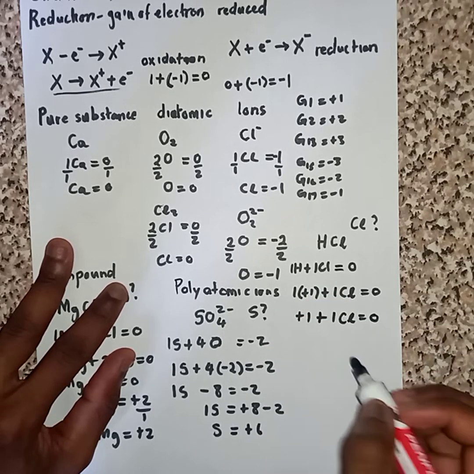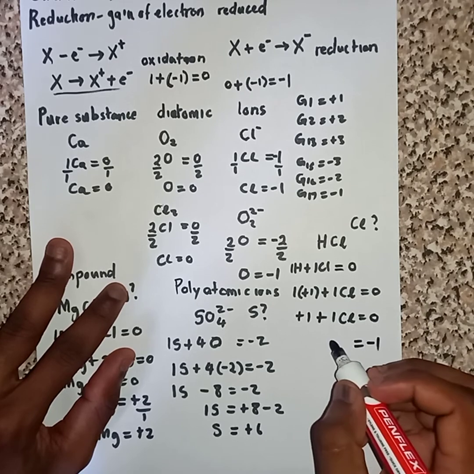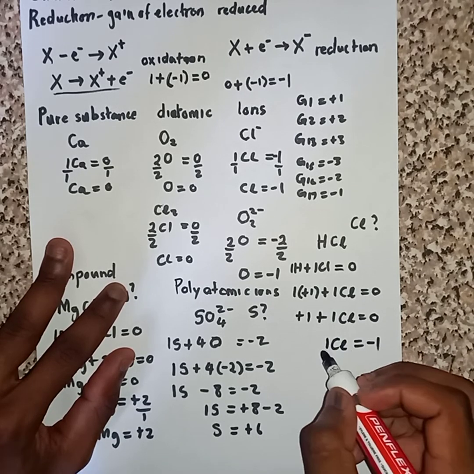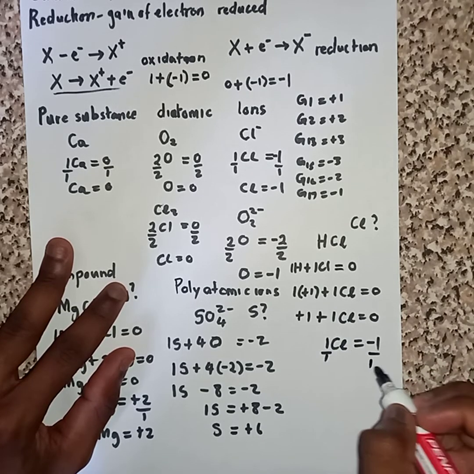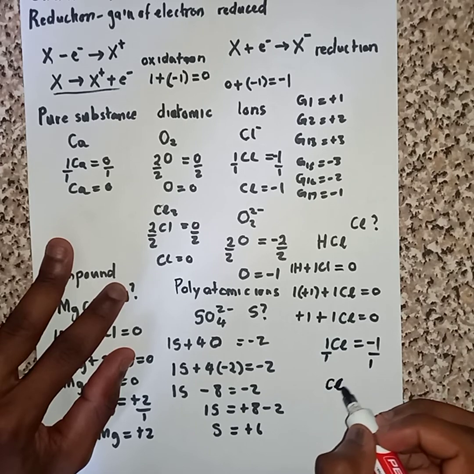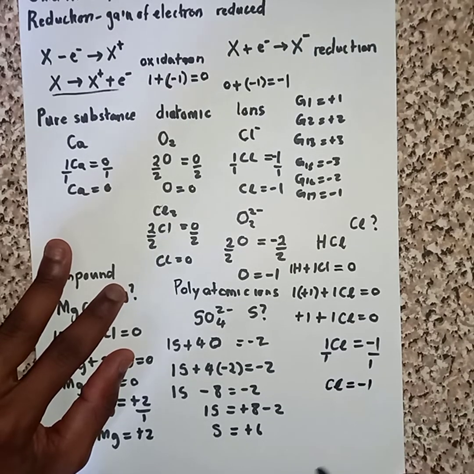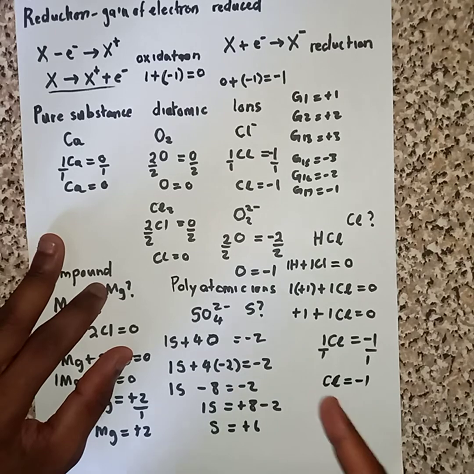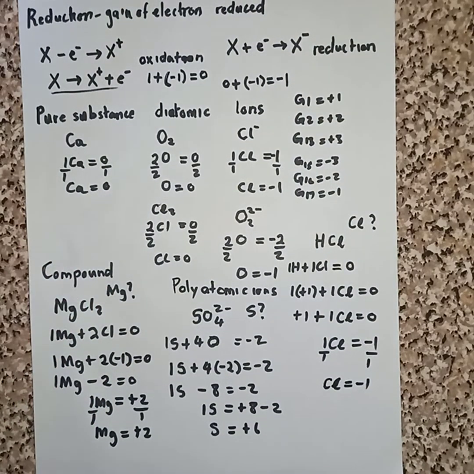You take +1 to the other side, it's going to be -1. You are left with Cl. Divide both sides by 1. Then we get Cl equals -1. This is the oxidation number of Cl. Thank you guys.